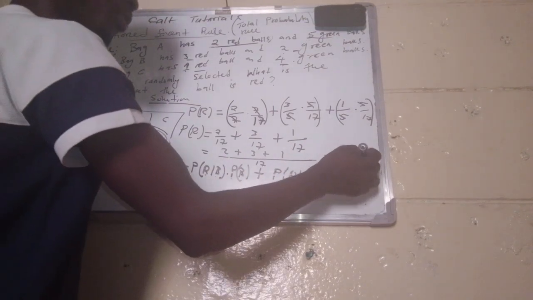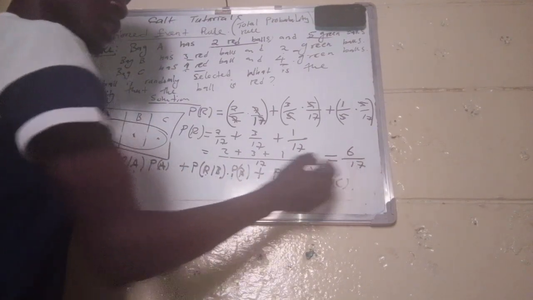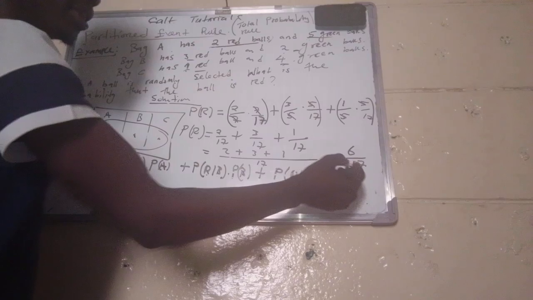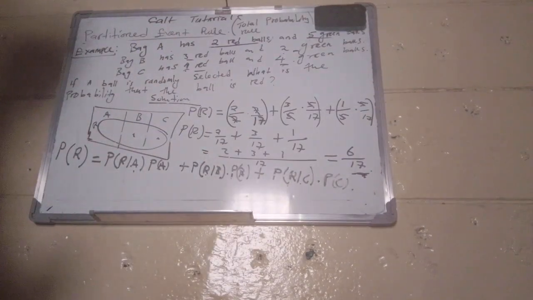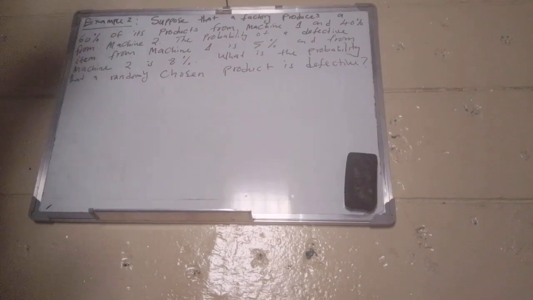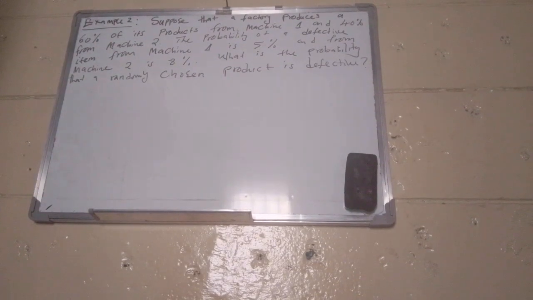So the total probability for picking a red will be 6 over 17. Using which kind of rule? The partitioned event rule.